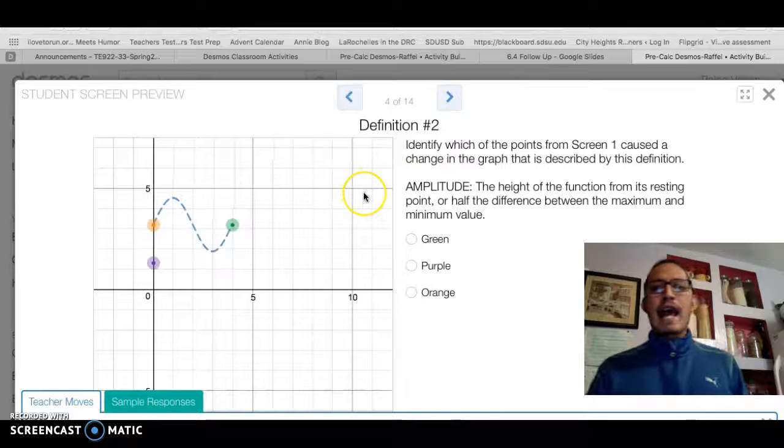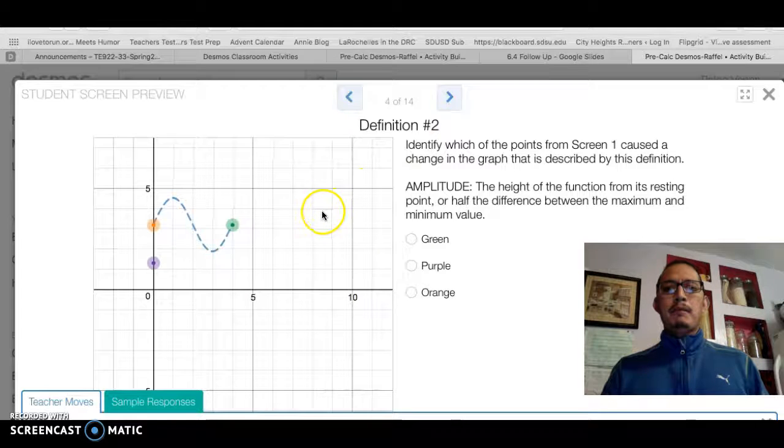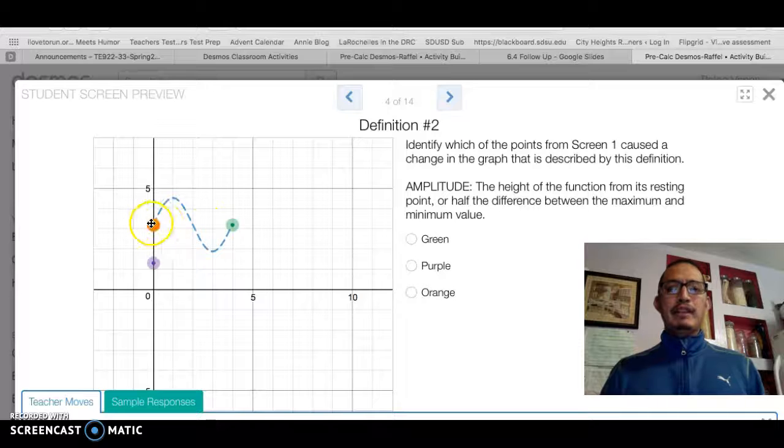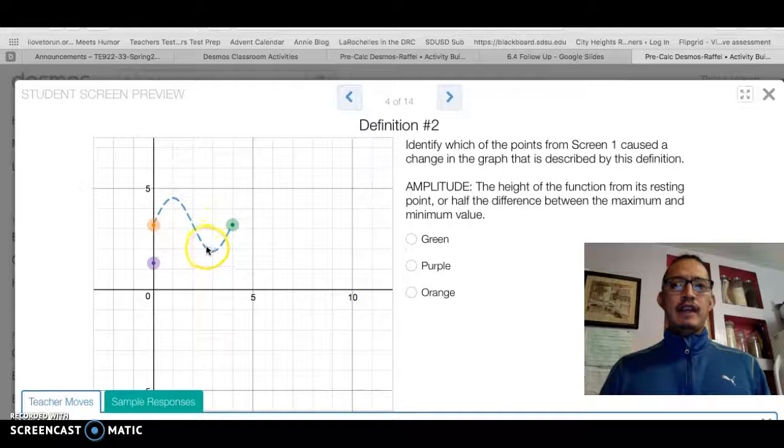Next definition is our amplitude: the height of the function from its resting point. We determine that the resting point is right here, or half the difference between the maximum right here and the minimum value down here. Half the distance. So if we go to half, it would be about here.